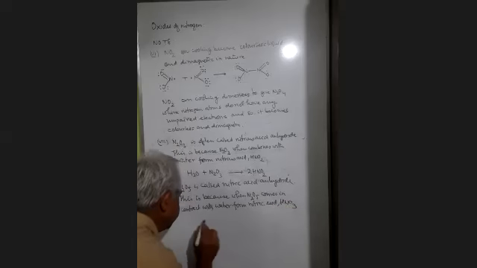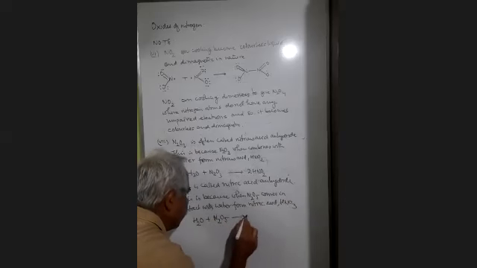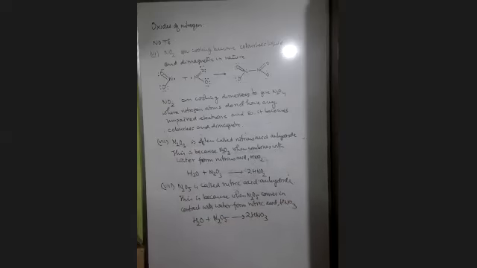H2O plus N2O5 gives you 2HNO3. So all the possible questions which may come from there, I've given.